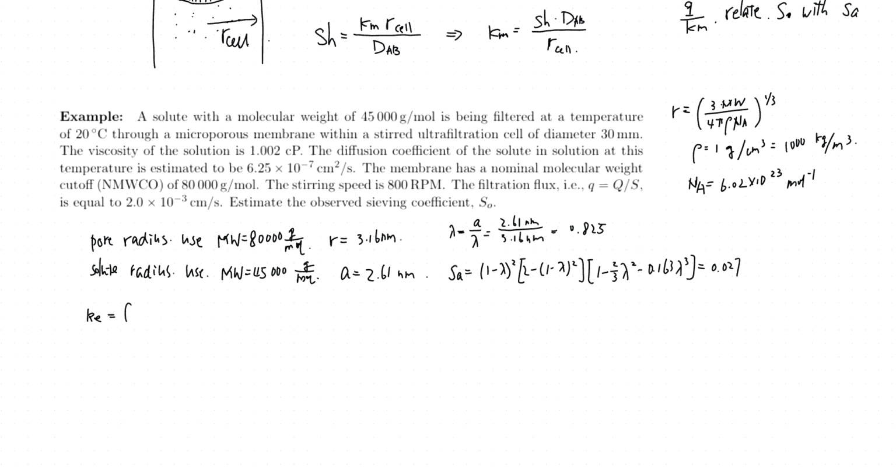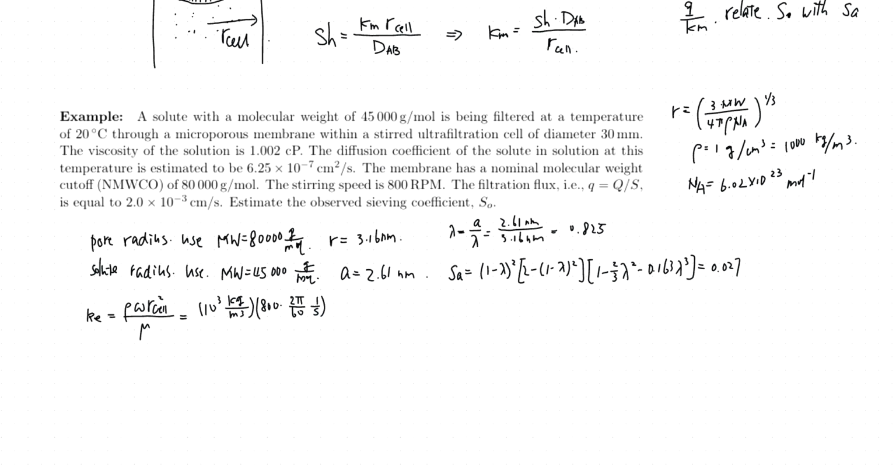Reynolds number is rho omega R cell squared divided by mu. So let's see. Rho is 10 to the power of 3 kilogram per meter cube. Omega is angular velocity. We have 800 revolutions per minute, multiplied by 2 pi divided by 60 per second. That's the angular velocity.